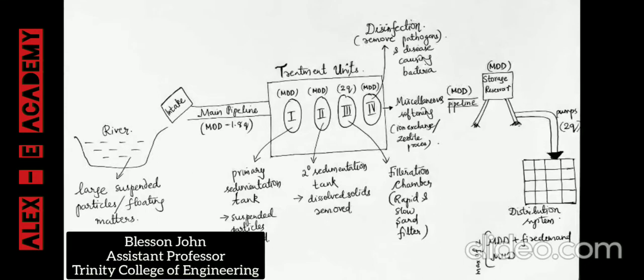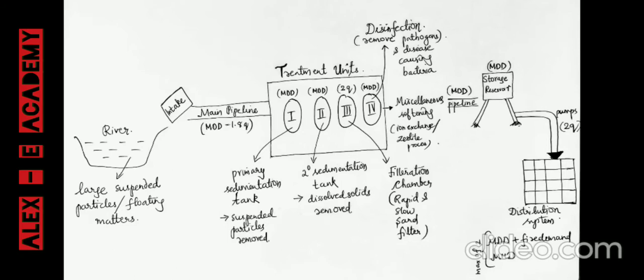In the last section, we had discussed a few terms, namely MDD, maximum daily demand, MHD, maximum hourly demand, and q, the average daily demand of water. We had stopped there. Please note those equations.